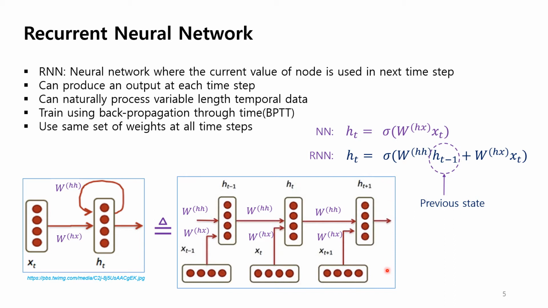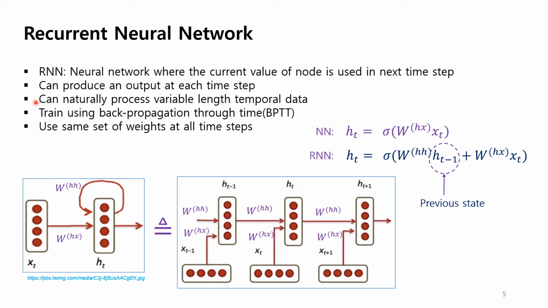This can be a chatbot or a dialogue machine, or a machine translator. So that's the big advantage of RNN. That's why RNN is actually a very hot area in machine learning.